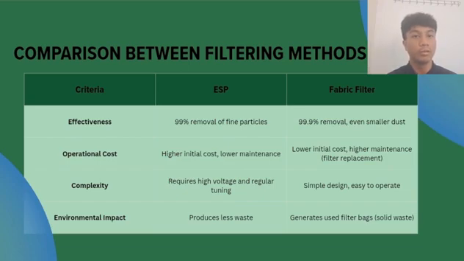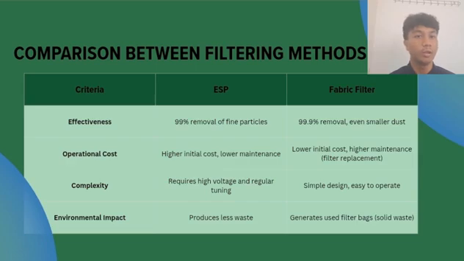Now, let's compare two main filtering systems: electrostatic precipitators and fabric filters, also known as baghouse filters. Electrostatic precipitators can remove about 99% of fine particles, and they have a low maintenance cost once installed. Fabric filters, however, are slightly more effective, up to 99%, but they need regular filter replacement.